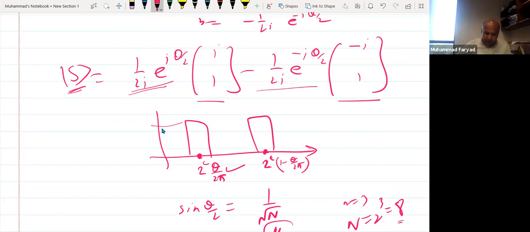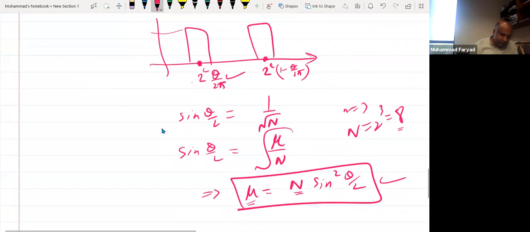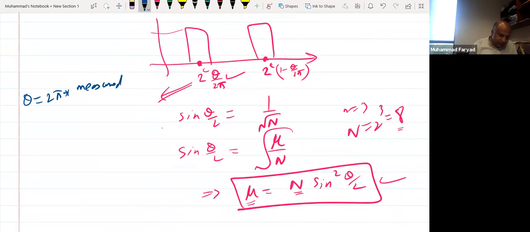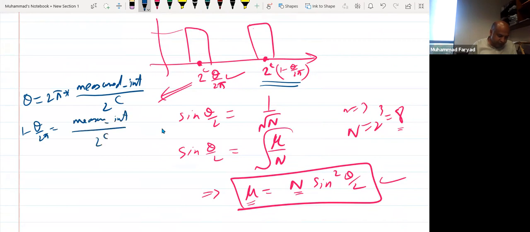So this can be transformed. Theta is going to be 2 pi times the measured integer divided by 2c. And over here we will have 1 minus theta over 2 pi equal to the measured integer divided by 2c.